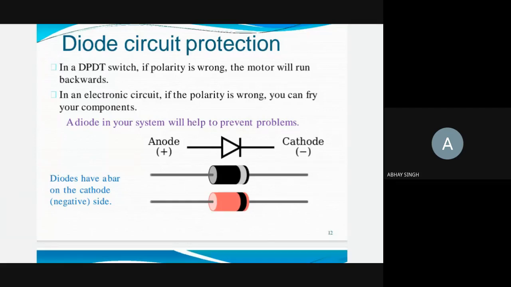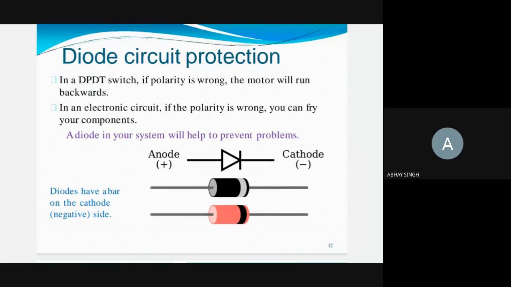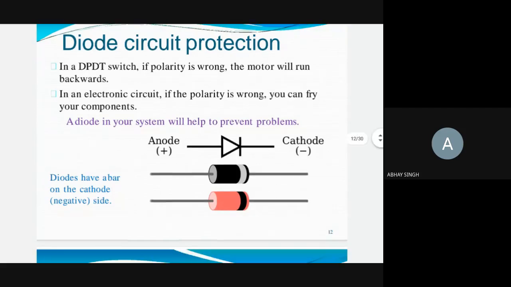One advantage of the diode is that it doesn't allow current flow in the reverse direction. So what is the advantage? Sometimes you don't want to turn the motor in the opposite direction. You don't want the circuit to have a negative current because there can be problems. The diode counters all those problems.